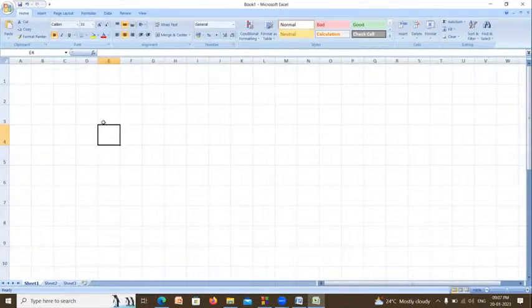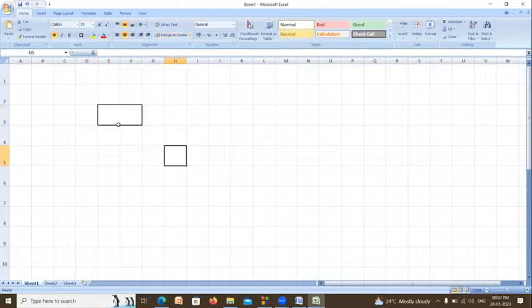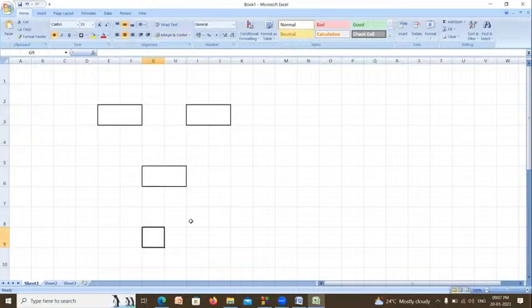Suppose I want to store data, then I need to use a container like this. In this container, I am going to store the data. I want to store one more value, then I have to create one more container. Here I am going to store one more data. Suppose here also I am going to store one more data. So I have to create three variables.